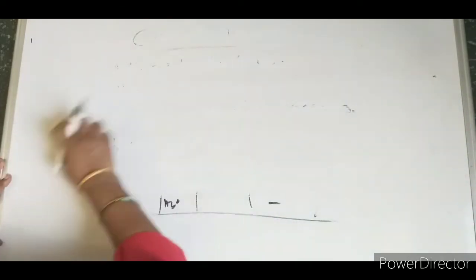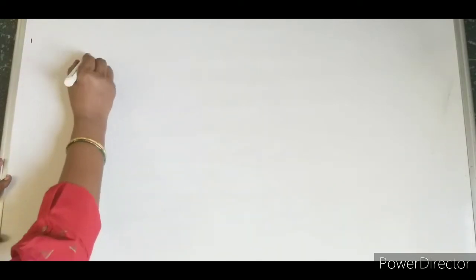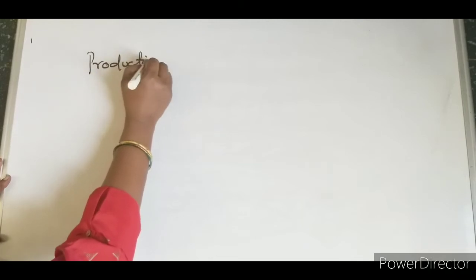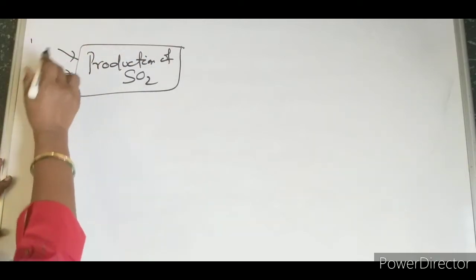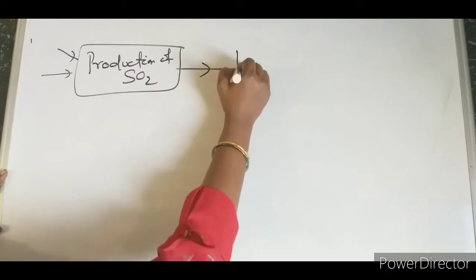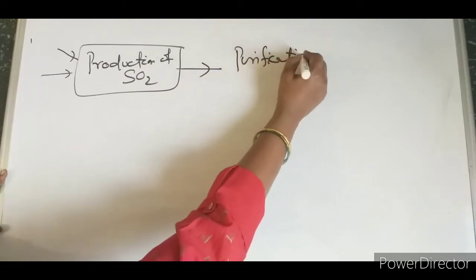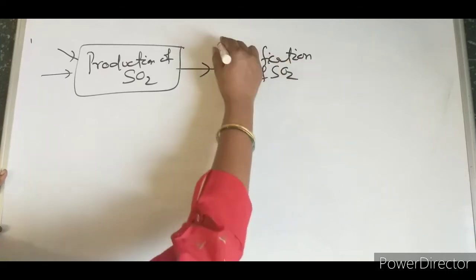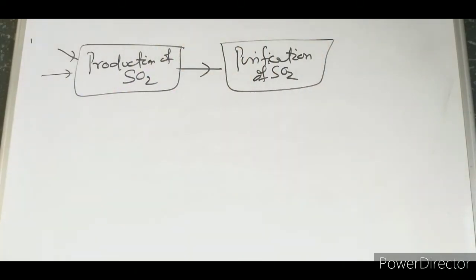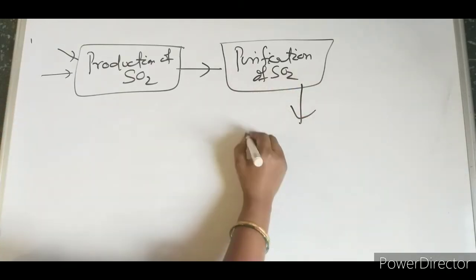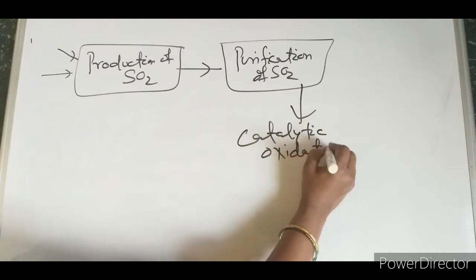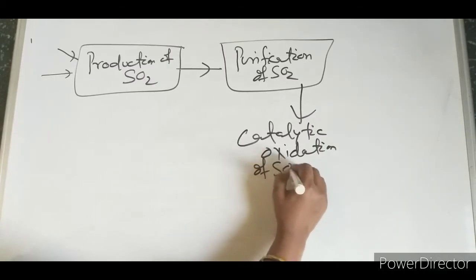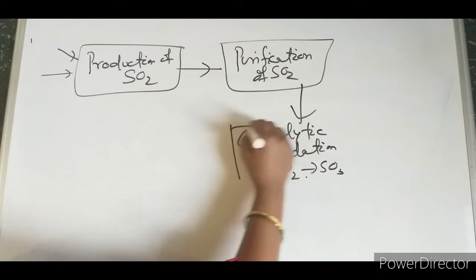Okay, so in this contact process, I will show you the flow chart so that you can remember. First of all, we take the production of SO2. SO2 is produced, there are two ways. Then comes purification of SO2. After that, catalytic oxidation of SO2, which means it is converted to SO3.